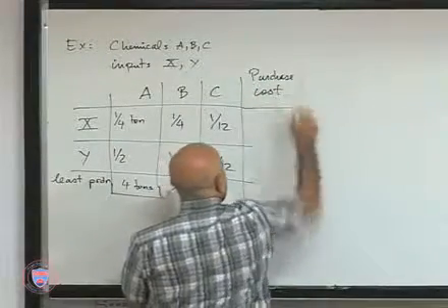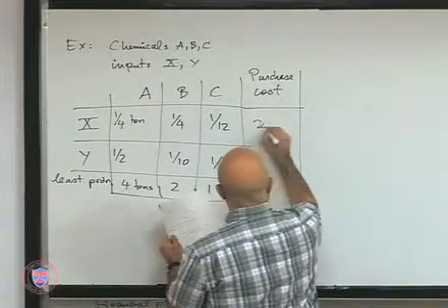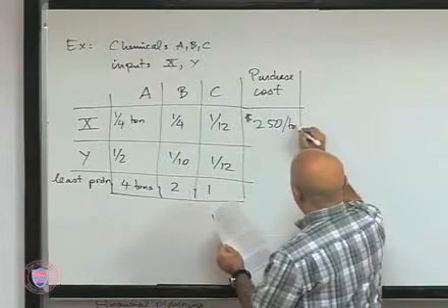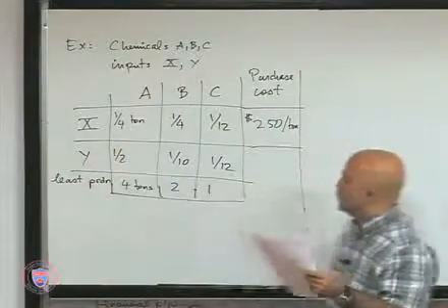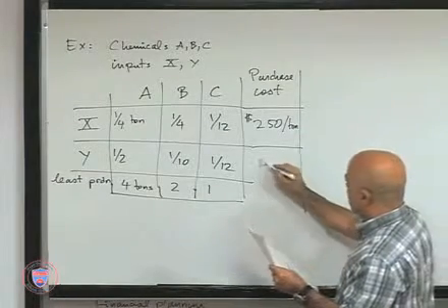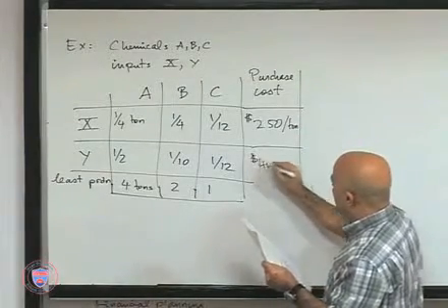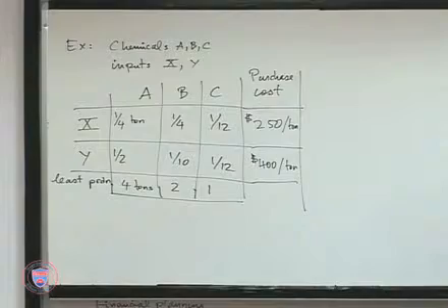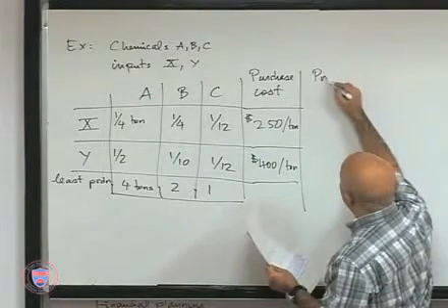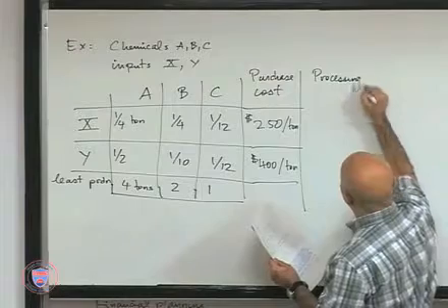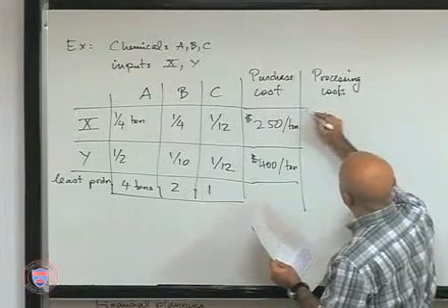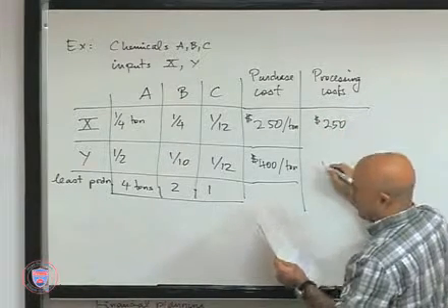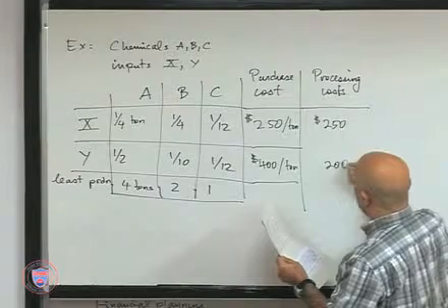There's a purchase cost, $250 per ton of input X and $400 per ton of input Y. There are also processing costs, which amount to $250 and $200.